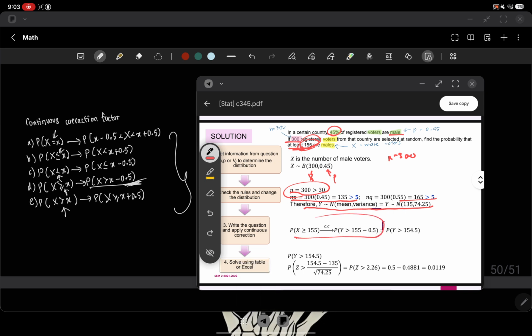So the rule is we are minusing 0.5 and we will get 154, using the same mean, and then we are getting x minus the mean 135 and the variance. Okay, so variance is 74, standard deviation would be, right?